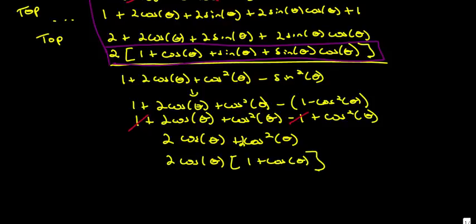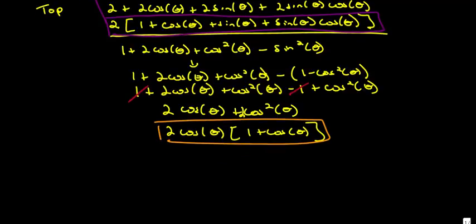Okay, so let's put that in orange. Let's rewrite what we've got. On the numerator, these guys are going to cancel out, so I'm not going to write them.